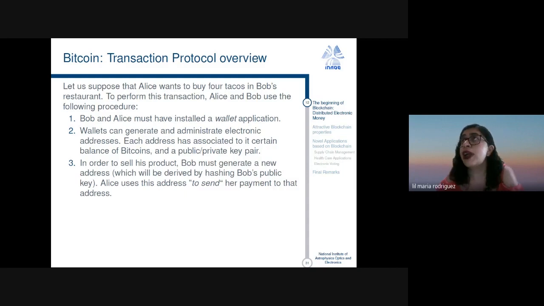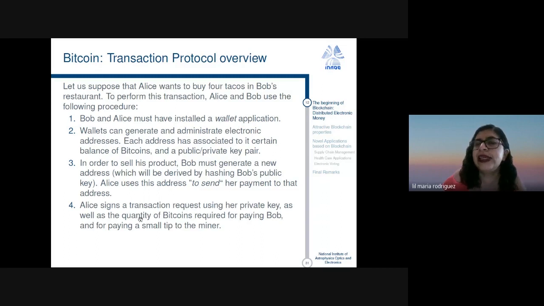In order to sell the product, Bob must generate a new address for Alice. This new address will be used by Alice to send the payment to Bob.